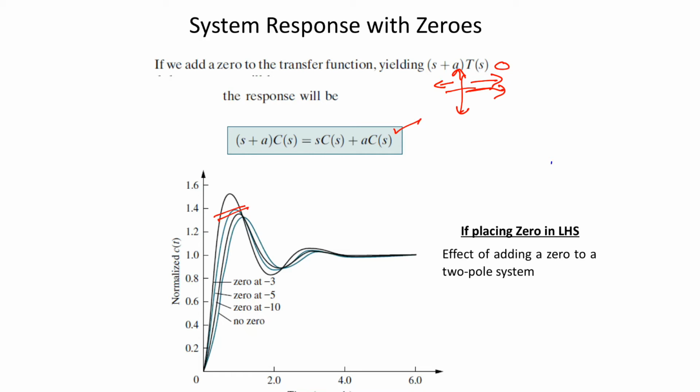So this is negative from the scaled response, and if the derivative term is larger than the scaled response, that is, this term is larger than this term from the scaled response, the response will initially follow the derivative, but in the opposite direction from the scaled response.